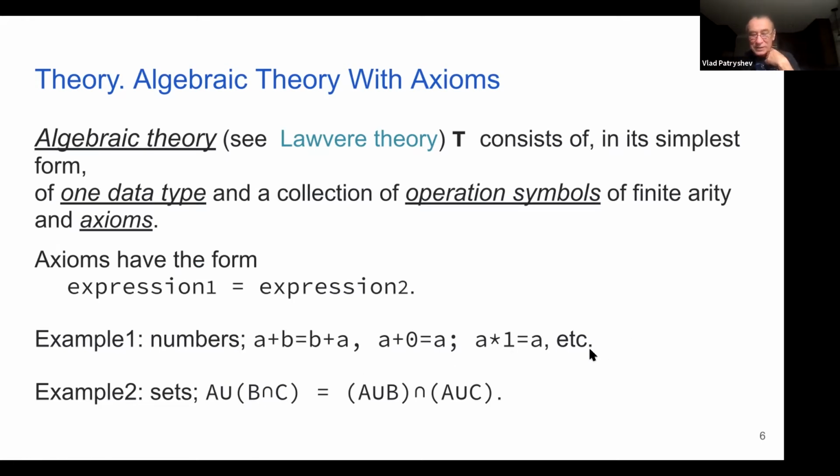We'll get there a little bit later with monoids. Another algebraic theory with axioms is for sets. We say that A union B intersection C is equal to A union B intersection A union C. So these axioms allow us to transform one expression into another and back.